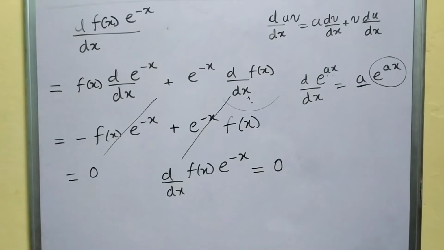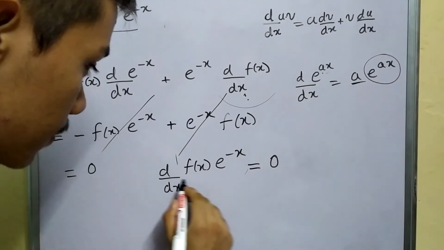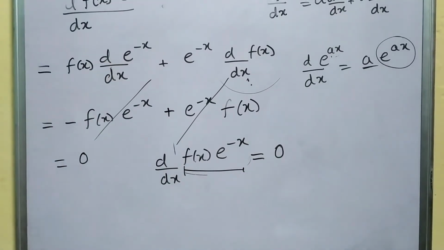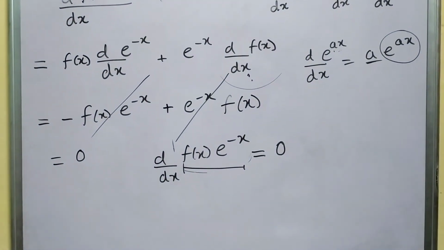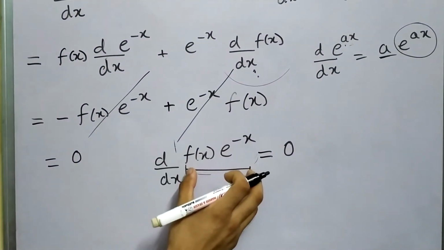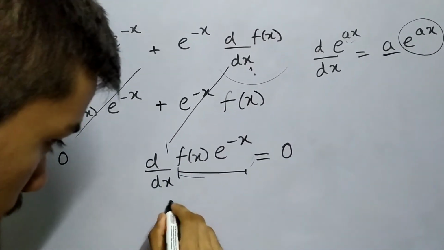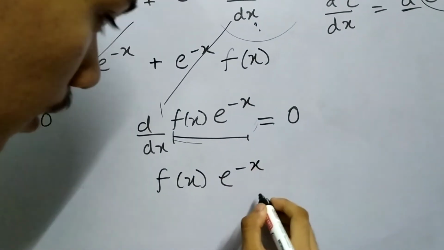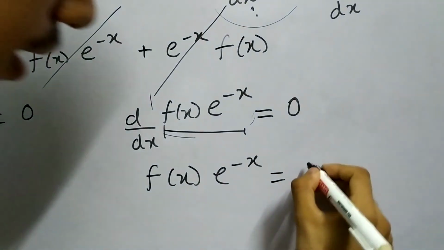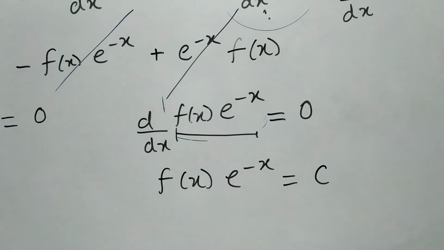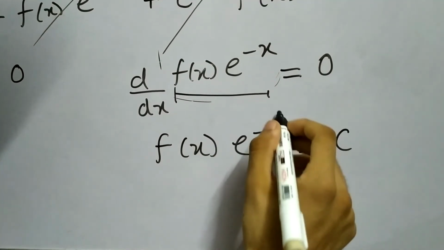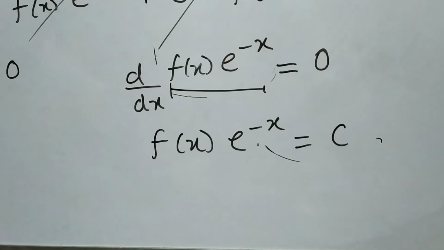Now when can this happen? This can happen if this part, this thing, is a constant, any constant. So you can write f of x times e to the power minus x as some constant, let's call this c, and just shift e to the power minus x to the right hand side of the equation.